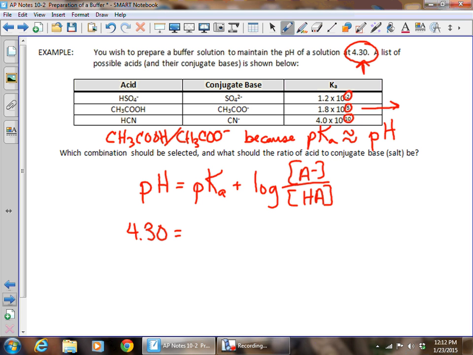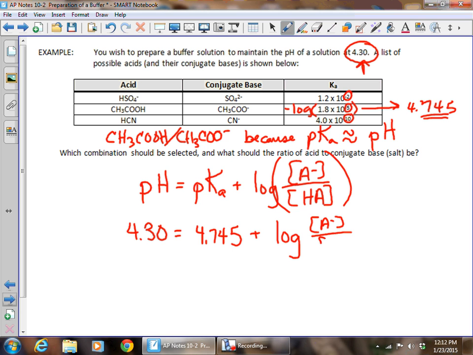The pKa of our acid, if we take the negative log of this value right here, we get 4.745, which is what we're going to put in down here in our problem. 4.745 for our pKa plus the log of this quantity, A minus over HA.